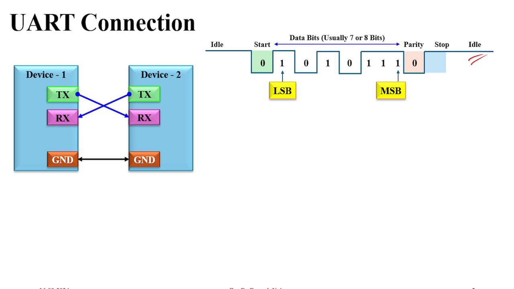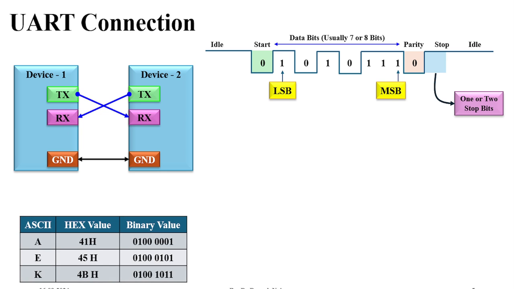Again, if you want to send any message, then the line has to come from high to low. That will inform the system that there is another start bit. So this is generally the frame structure of the UART. Stop bit can be 1 bit, 1.5 bit or 2 bit, but in most cases you will find 1 or 2 bit stop bits.